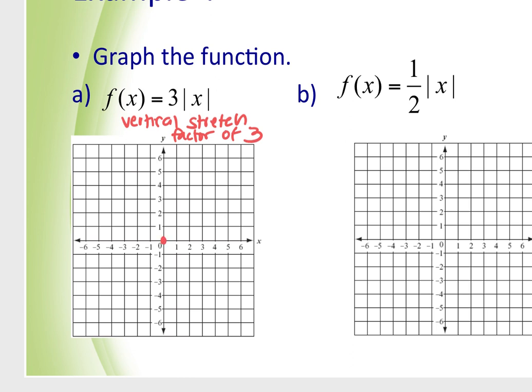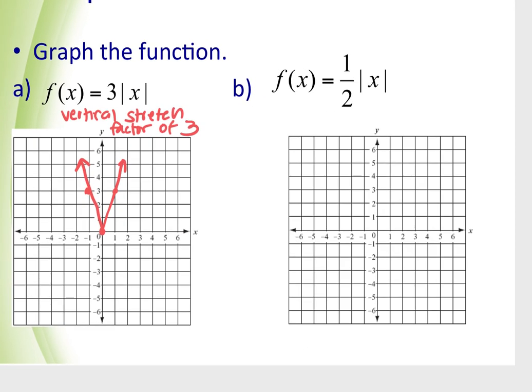So if I start at 0, 0, and if my absolute value is normal, my slope is up 1 and out 1. This time it's up 3 and out 1. And if I compared it to my original absolute value, that should be narrower. How about B?